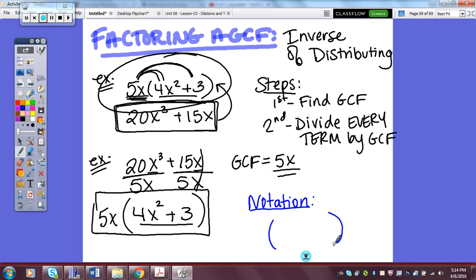You always have parentheses, and your parentheses are the leftovers. It's what you divided. And the outside of your parentheses is always your GCF. Okay? So let's look at another problem.